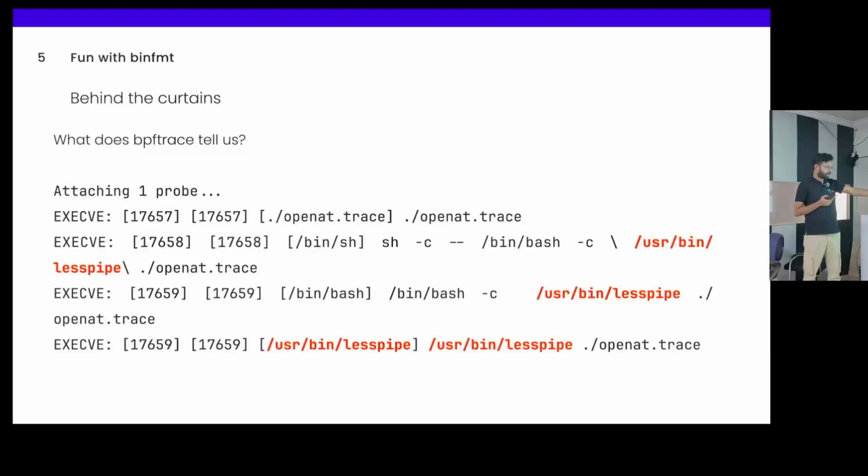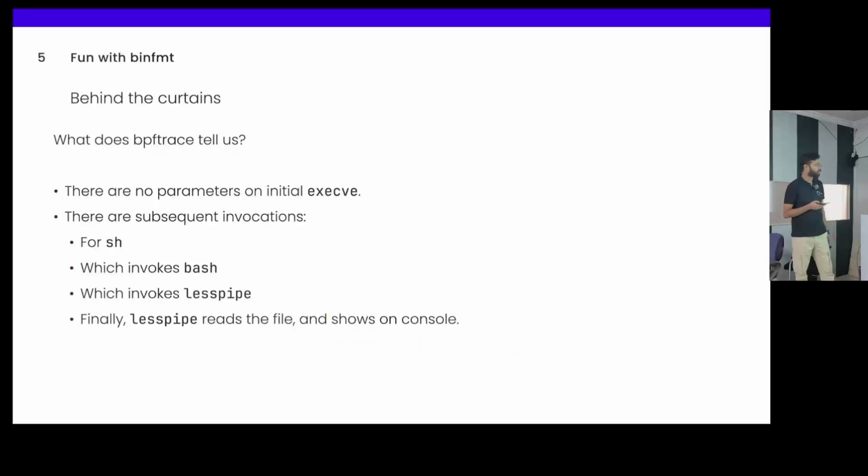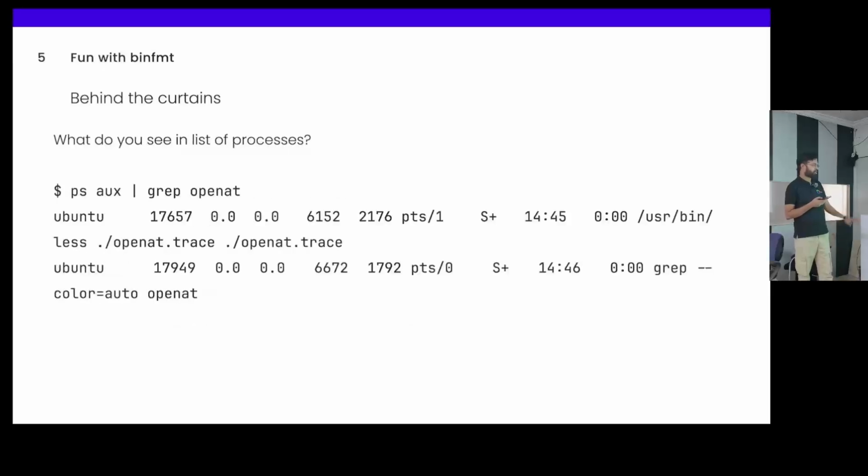So effectively, I can make this part disappear, so to speak, and then you will end up with basically nothing useful. So the BPF trace is going to tell us that there is a shell invocation and there is less pipe which is reading the file, but again this is basically modifiable. And then if you see the process listing, you will see this user bin less. Again, this part is modifiable.